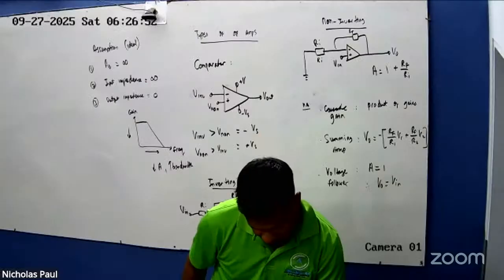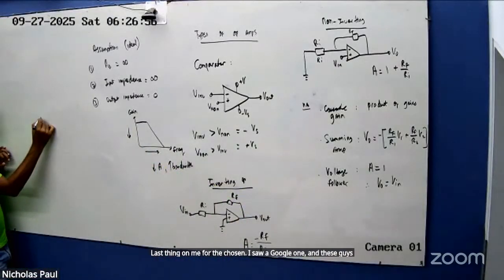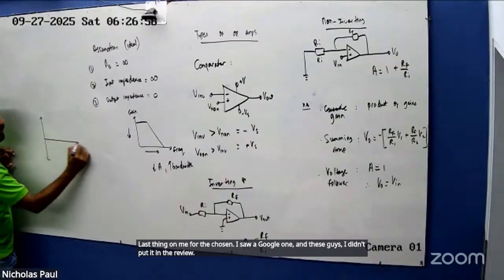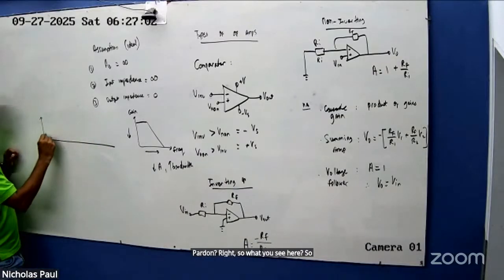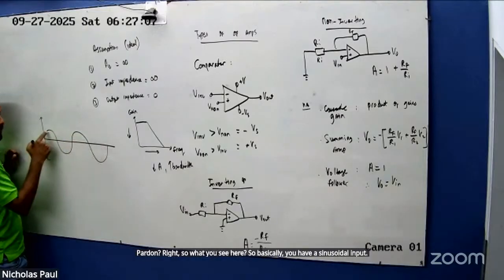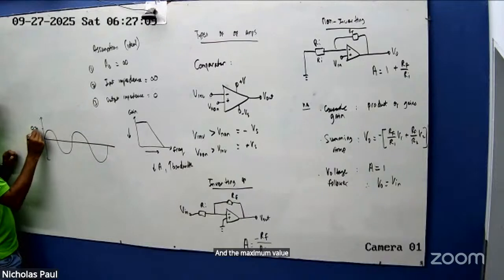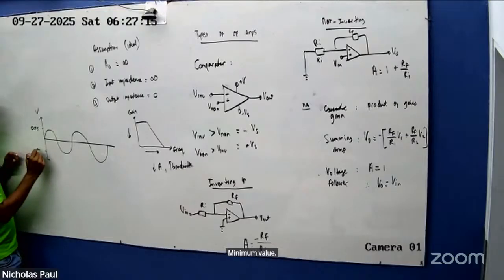Last thing I'm going to go over, because I didn't put it in the review. So what you see here is a sinusoidal input, and the maximum value is 0.75 volts. The minimum value is minus 0.75.